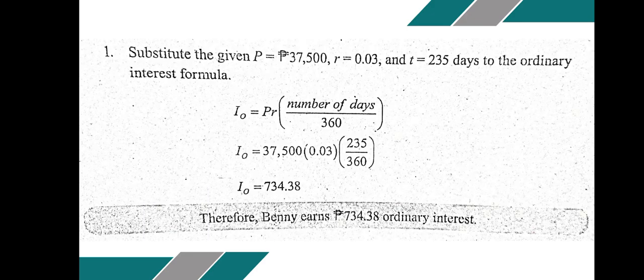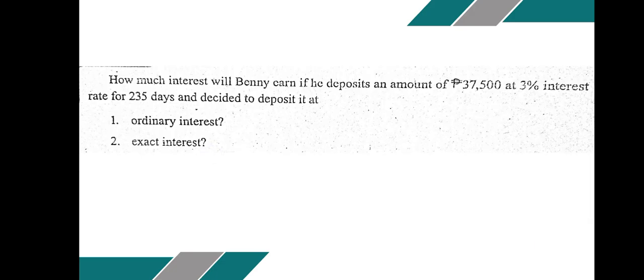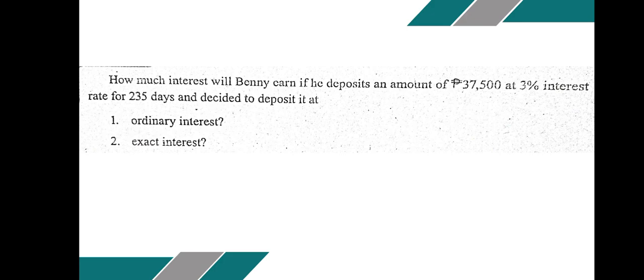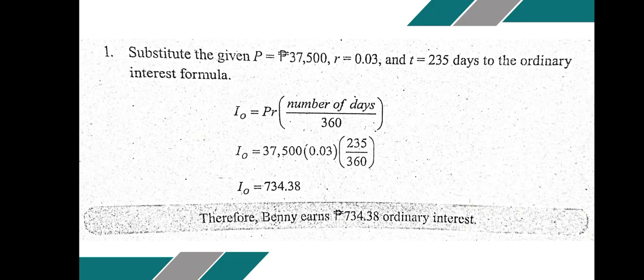So, since we have the given na principal, ayan, 37,500 pesos, the rate naman is 0.03, and the T, or time, na given is 235 days. So, meron tayong ordinary, no, since we are solving first for the ordinary interest. So, I sub O is equal to PR times the number of days over 360.